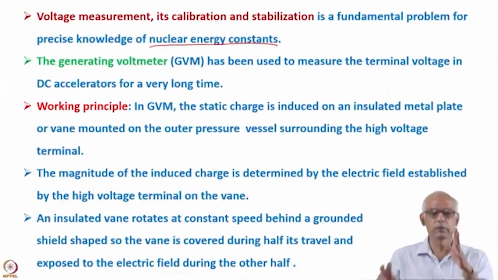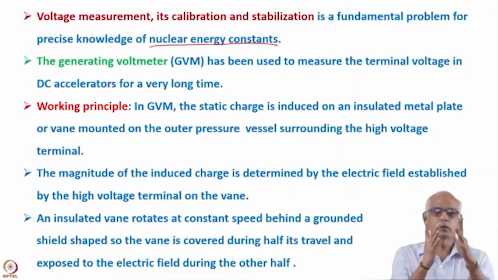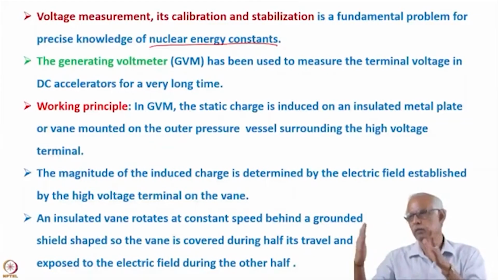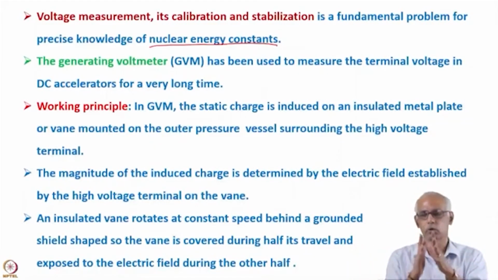So suppose you take two vanes, one is fixed and one is rotating. Let's say these are slots. When these slots match the slots in the stationary one, then there will be an electric field seen by the other vane which is behind both of them.